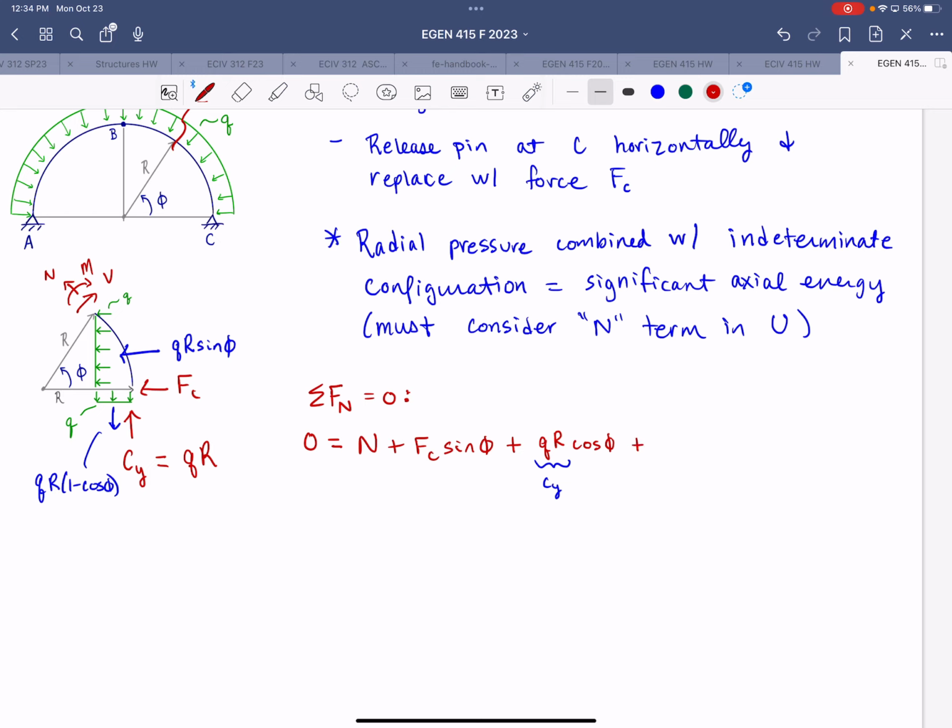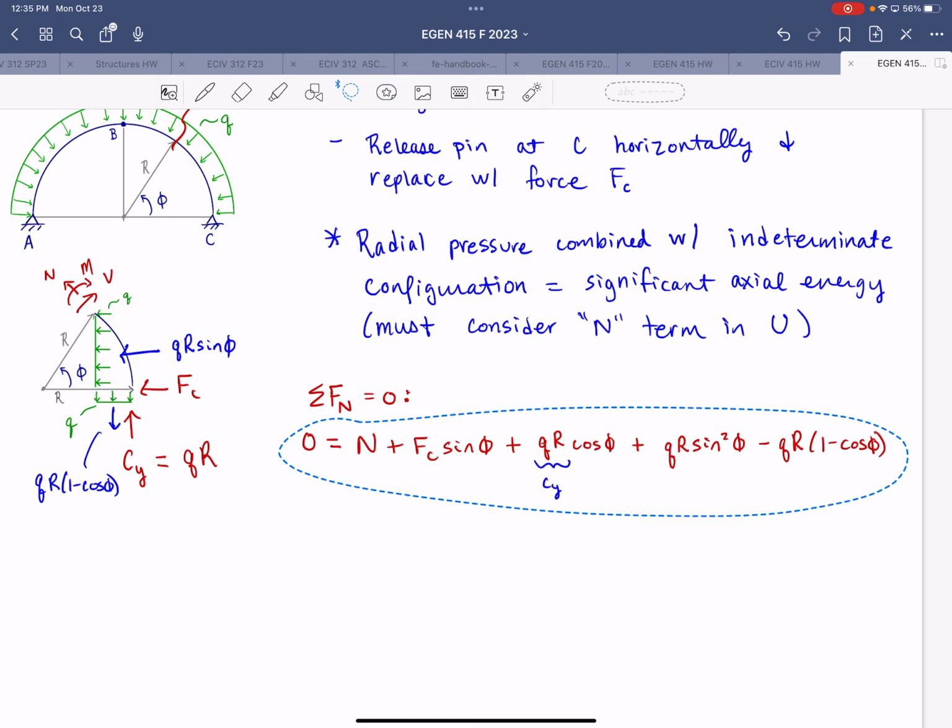And then we want the normal component of these two resultants. So that's going to be, from the horizontal resultant, QR sine squared phi minus QR times 1 minus cosine phi times cosine phi. Ran out of room.